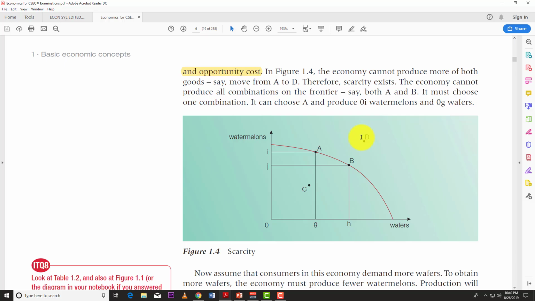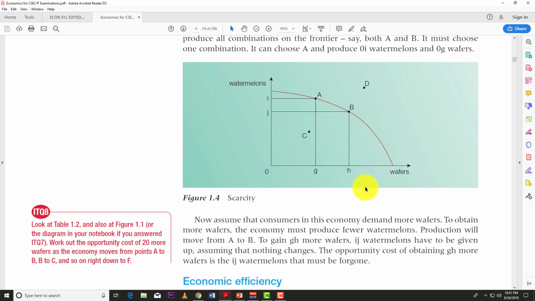If you're asked to show scarcity on the production possibility frontier, the PPF, simply point out here and explain that the economy has limited resources, so they cannot produce out here. That's scarcity right there.